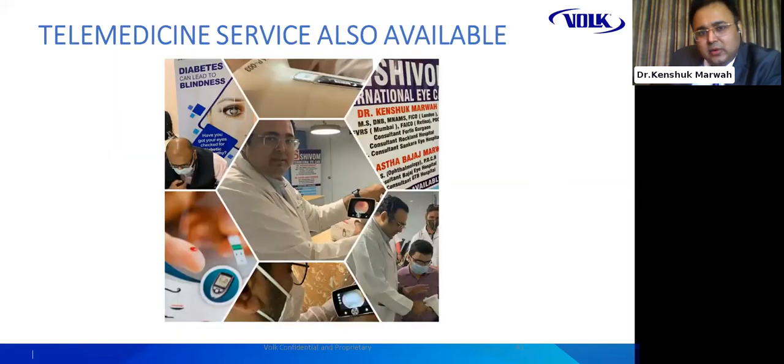So these are the telemedicine things we have done earlier, and I've been a part of such activities, the corporate activity. We had a diabetic awareness camp in which we did screening without dilatation through one of the other products of Volk.